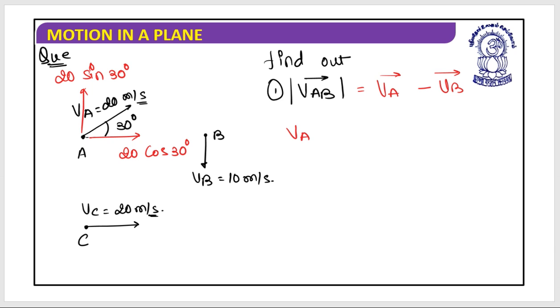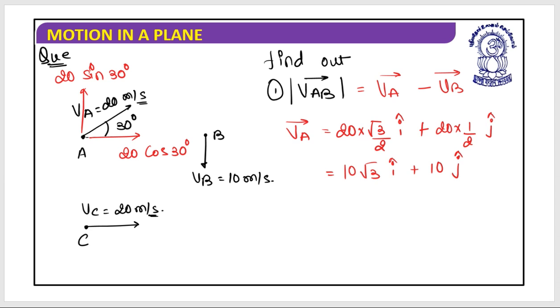My VA, or the velocity of vector A, can be written as 20 into cos 30, which is root 3 by 2 i cap, plus 20 into sin 30, which is 1 by 2 into j cap. So 20 by 2, it's 10 root 3 i cap, plus 20 by 2, it's 10 j cap. This is VA. Velocity of B, which is 10 meter per second and moving in the negative direction, is minus 10 j cap.